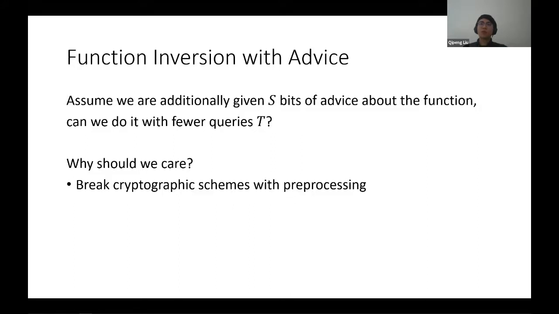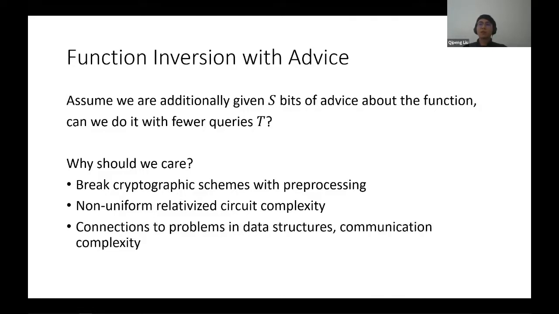An attacker would do very heavy pre-computation on a crypto system to get some advice, and later can use the advice to break the system much faster. It also helps us understand the non-uniform circuit complexity of the function inversion problem. And the problem has connections to well-studied problems in data structures and communication complexity.